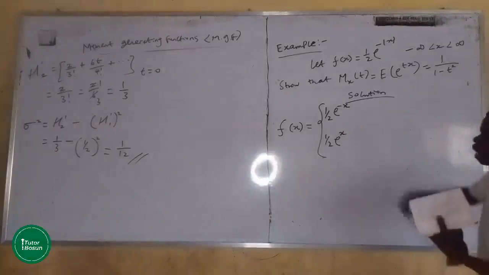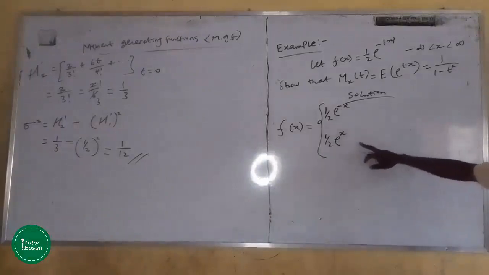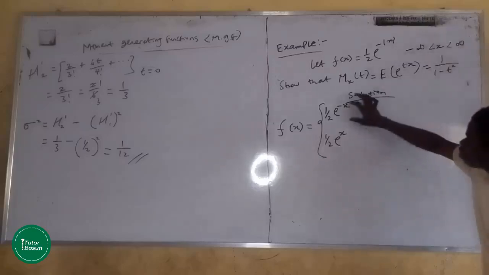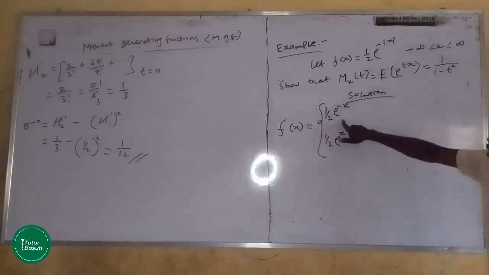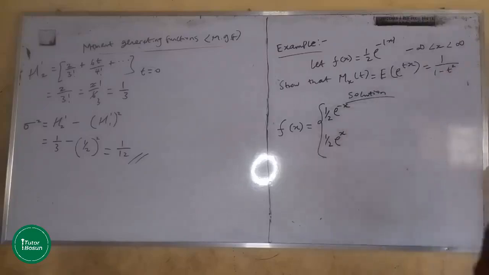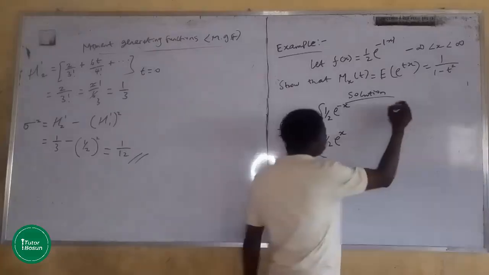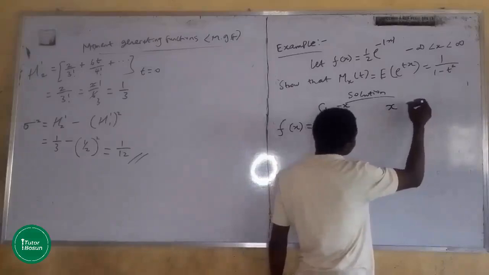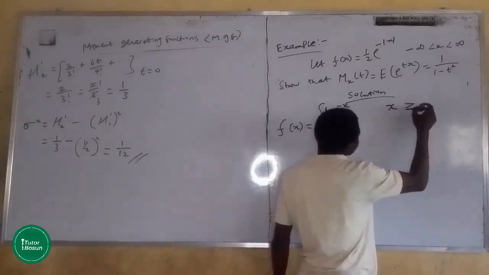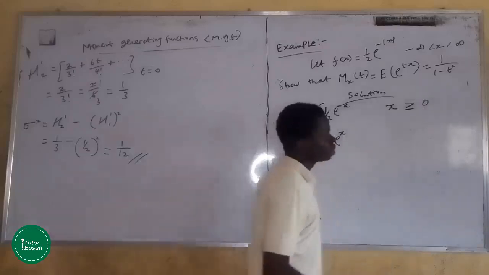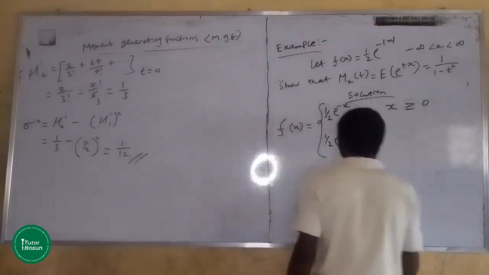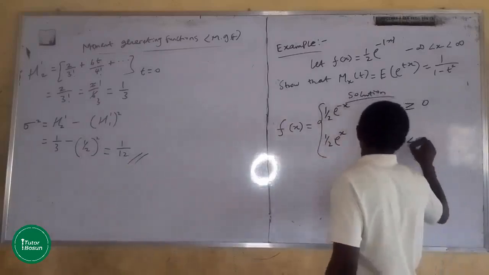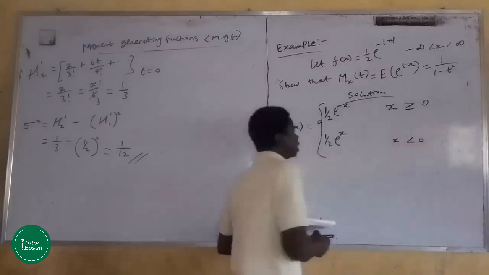So each of them is going to have its boundary condition. The boundary condition when it is exponential minus x is x greater than or equal to 0. And the boundary condition when it is 1/2 exponential x is x less than 0.